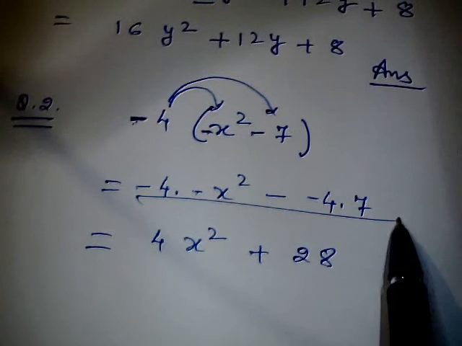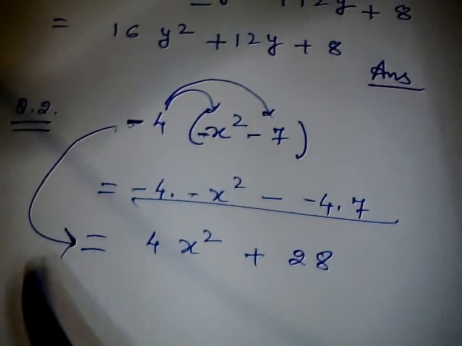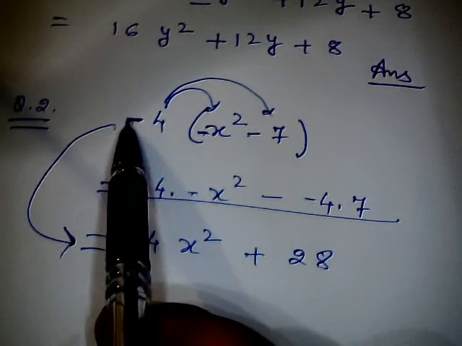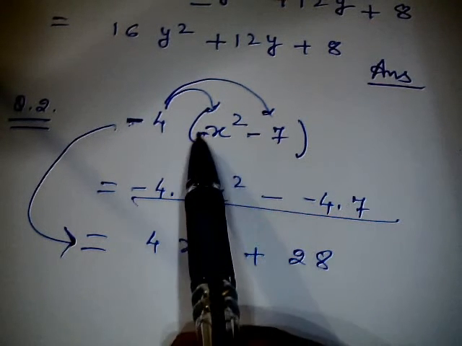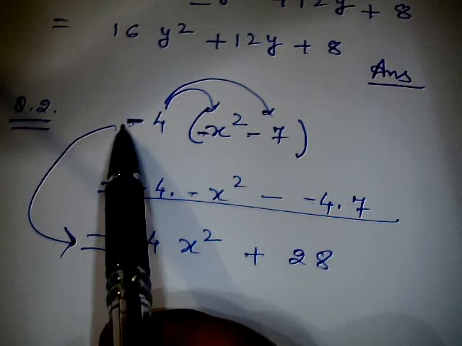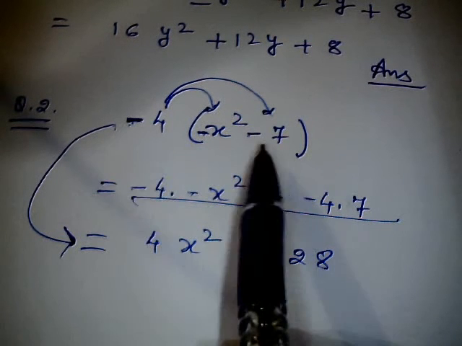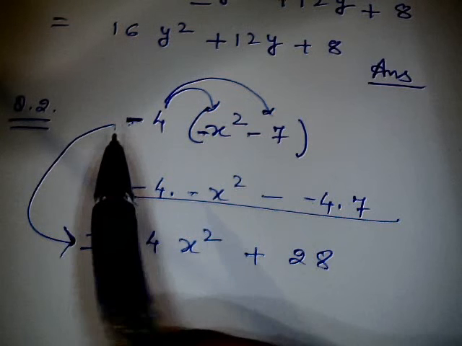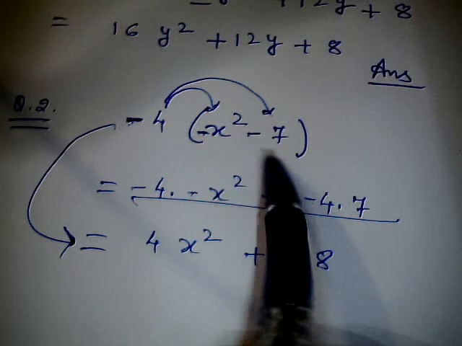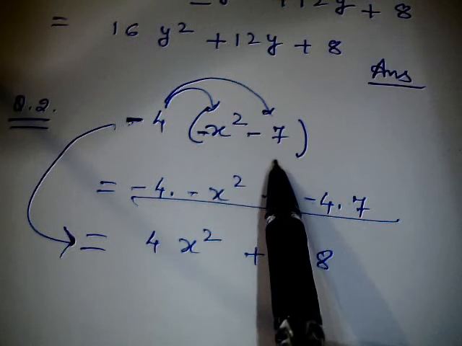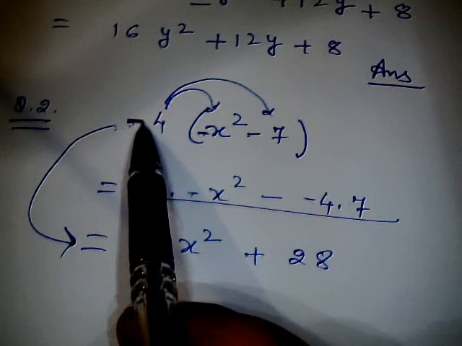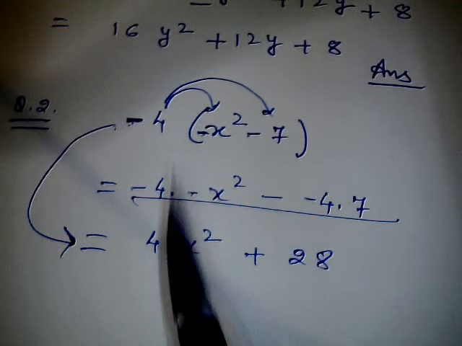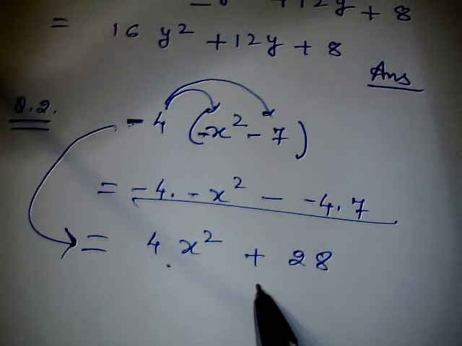See, I'll see the sign of the term outside, and inside if it is negative, and this is also negative. Or another way, in a very straightforward way I can say, the sign which is inside the parenthesis will get changed if you are opening with a negative number. So like here it was negative, it becomes positive, and this also was negative, so it becomes positive. If it had been positive, then it will be negative.